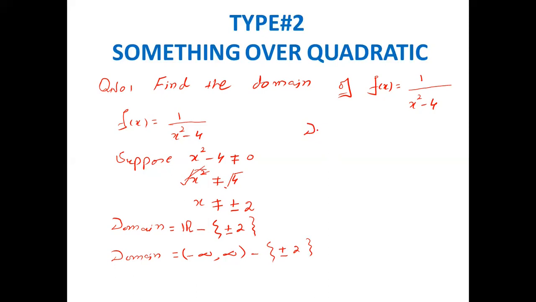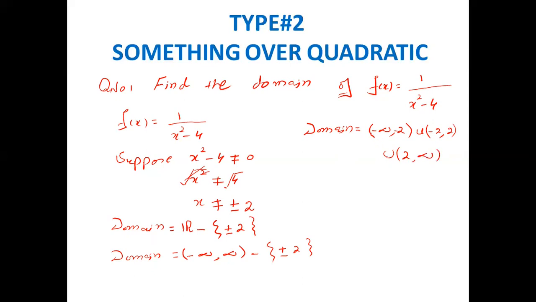Domain equal minus infinity to minus 2, union, again write small bracket minus 2 to 2, then again union, 2 to infinity.